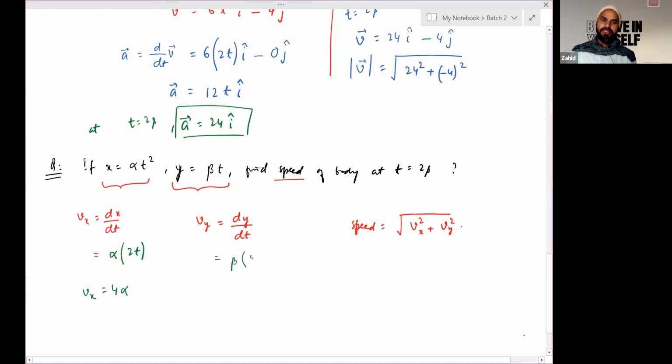On differentiating t, it will be just 1. So vy equals just beta. If you put these two terms in this expression, you will get root under 4 alpha squared plus beta squared. So it will be root of 16 alpha squared plus beta squared.